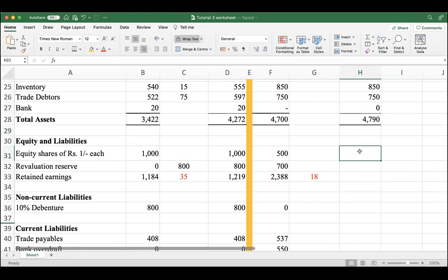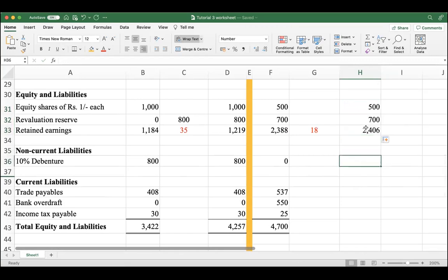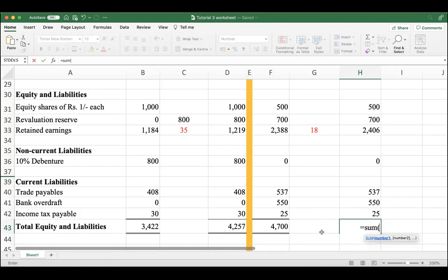Then equity and liabilities. Retained earnings increases by 18, and other values are same. Then total equity and liabilities, $4,780.